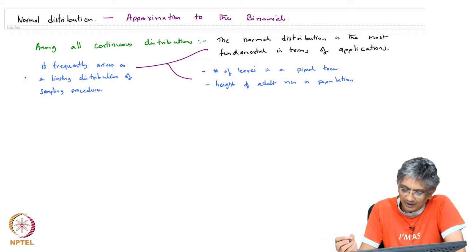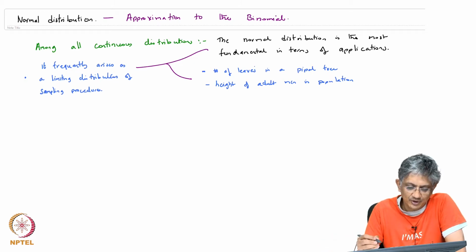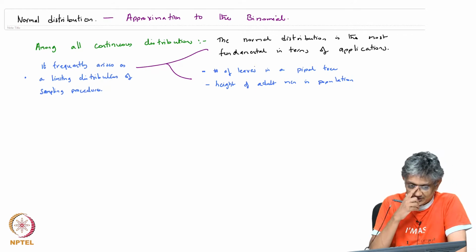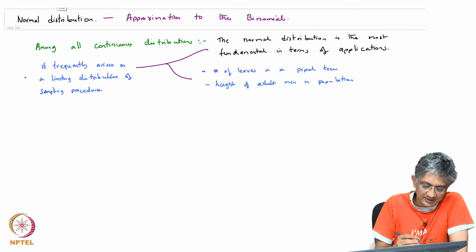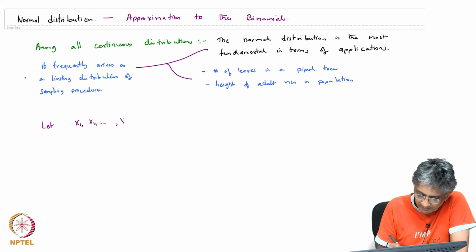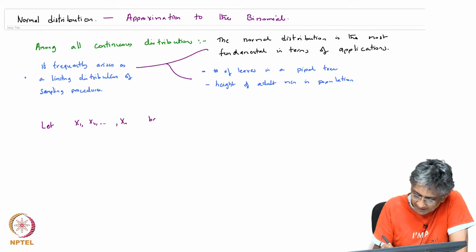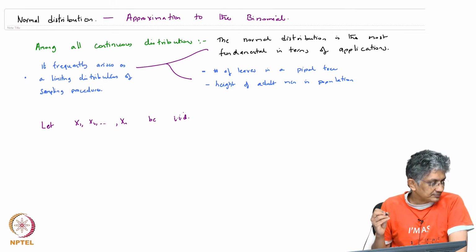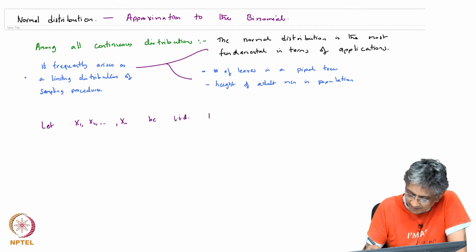So now I wanted to motivate it as an approximation to the binomial. So let me try and start that process. Let X1, X2, ..., Xn be IID Bernoulli p random variables.